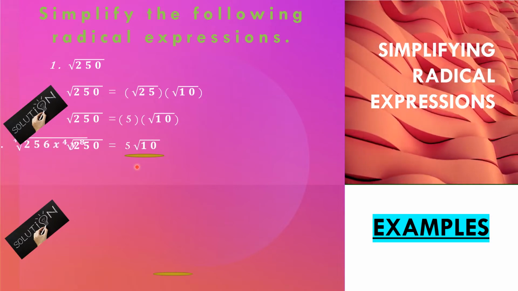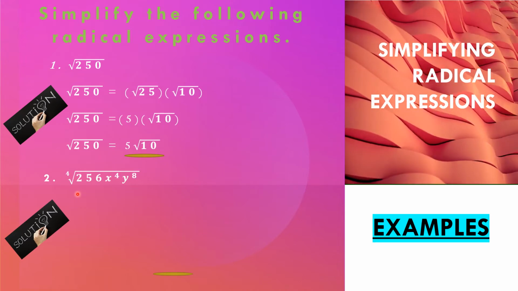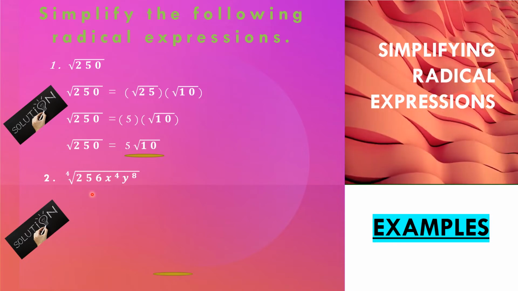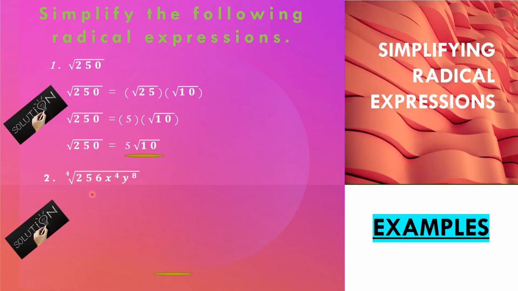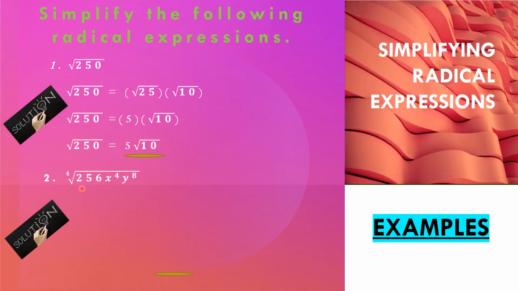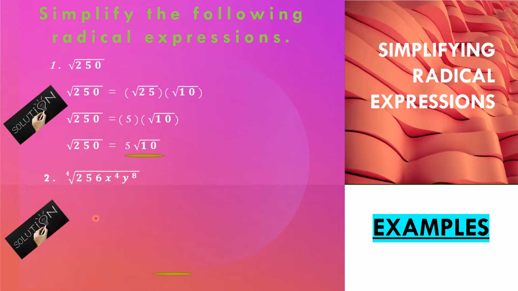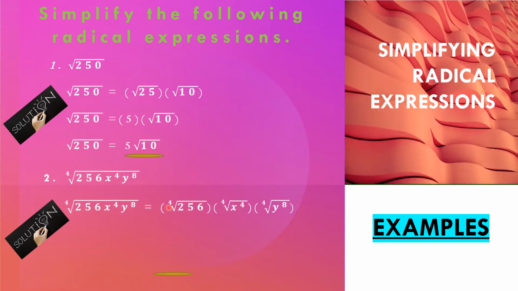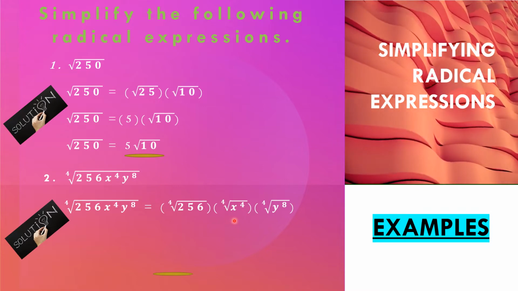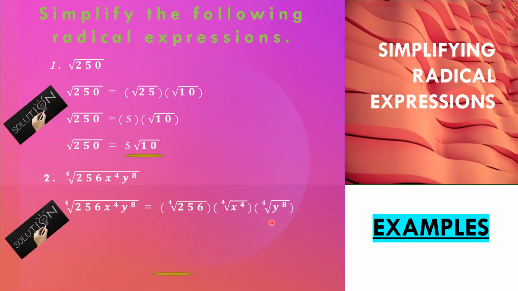For example 2, we have 4th root of 256x raised to 4, y raised to 8. So, apply the product property of radicals. I-break down po natin ito. So, factor out po natin siya. Kapag pinactor out po natin siya, ang kalalabasan po niyan is 4th root of 256 times 4th root of x raised to 4 times 4th root of y raised to 8.